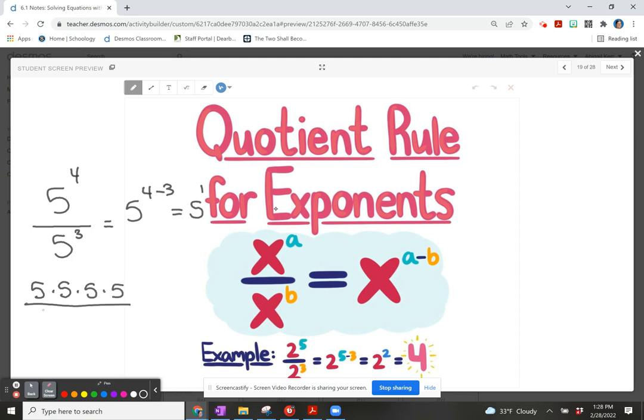So 5 to the 4th means 5 repeated 4 times. And then you're allowed to cross out the same thing on numerator and denominator. And what do we have left? We have 5. So this is just an easier way to remember that when you have the same base and you're dividing, you subtract the exponents.